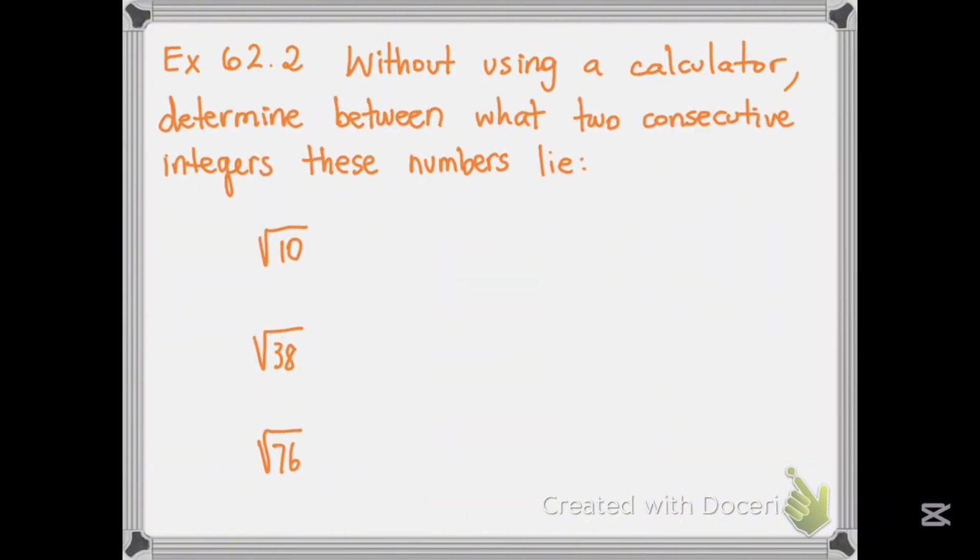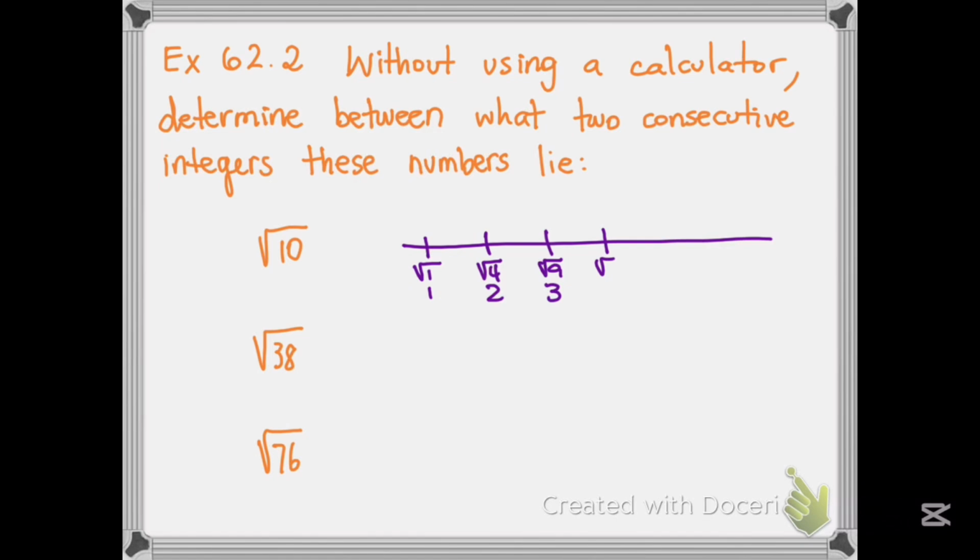Let's look at this example. It says, without using a calculator, determine between what 2 consecutive integers these numbers lie. So the square root of 10, what we have to think about is where is it? So we have here the square root of 1, which is 1. Then we have the square root of 4, which is 2. The square root of 9, which is 3.